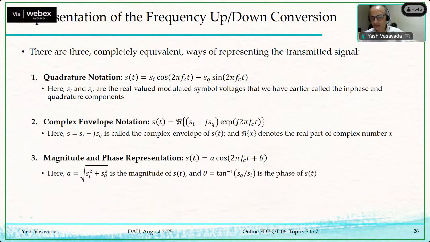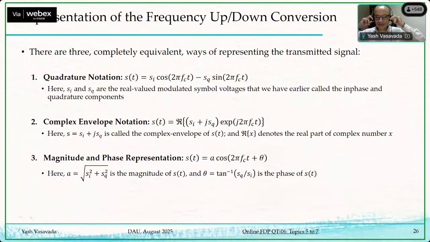By the way, do you know how to write exponent of j 2π f_c t in terms of cosine and sine? The real part of this is cosine, imaginary part of this is sine. Okay, so that is what this exponent j 2π f_c t is. Take the product and take the real part, it becomes exactly this.